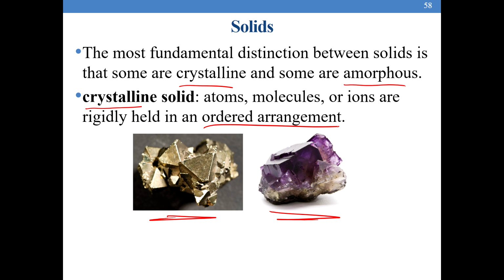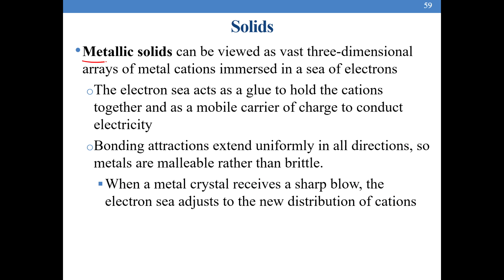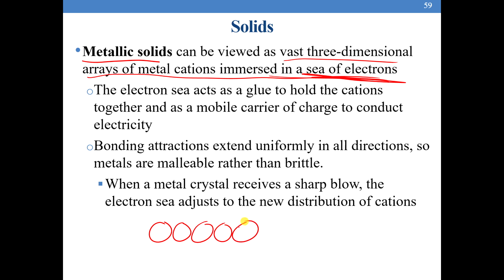Now if you have a metal, just metal on the periodic table, you could have what's called a metallic solid. Basically it's a vast solid with a bunch of metal cations immersed in a sea of electrons. Solids are closely packed together, so you could think of the cation charge being positive in the middle, and then we just have electrons everywhere.